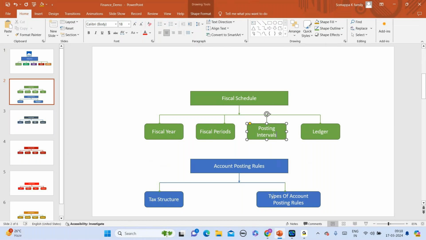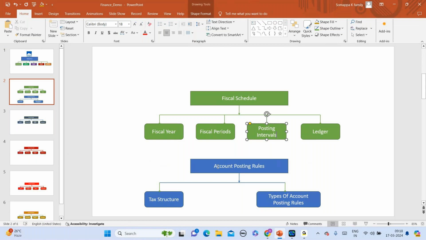Then I was already talking about the account posting rules. Whenever we have a company, we have different types of accounts, because salary is there. For example, for employee salary, we'll create one account, one cost center, and post all the transactions into that account. Once an employee is hired in an organization, he'll be allotted one cost center, because the salaries paid to that employee will be posted into that cost center.